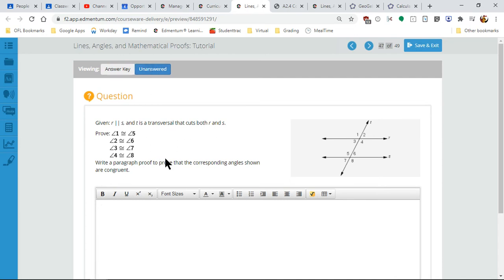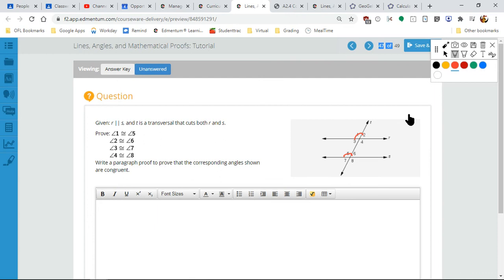So here, they want us to write a paragraph proof saying why corresponding angles are congruent. Corresponding angles are, for example, angle 1 and angle 5. These are known as corresponding angles. Let me use my pen here for a second. It's this angle and this angle.